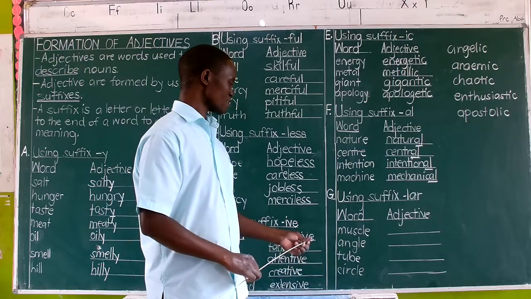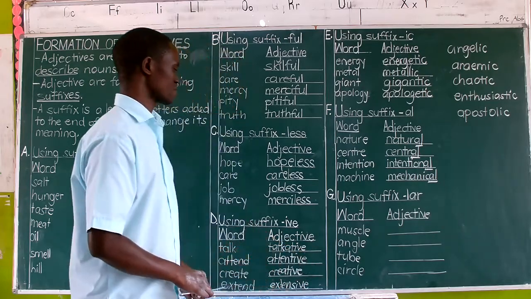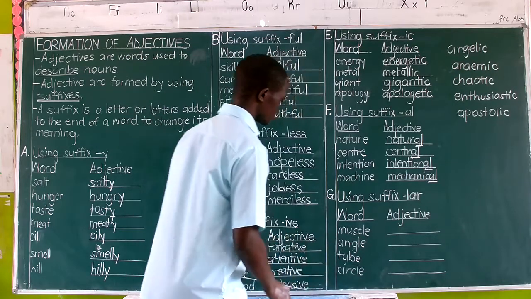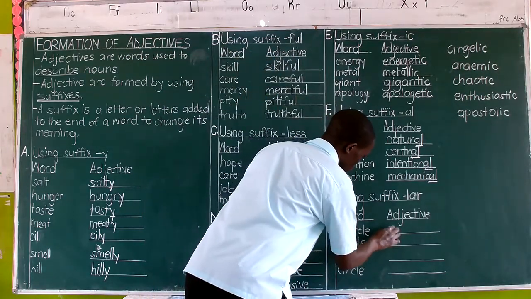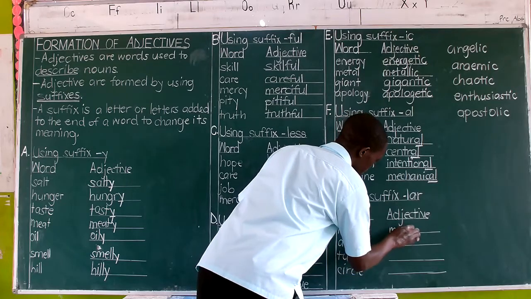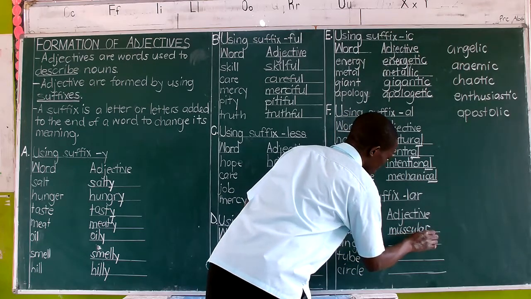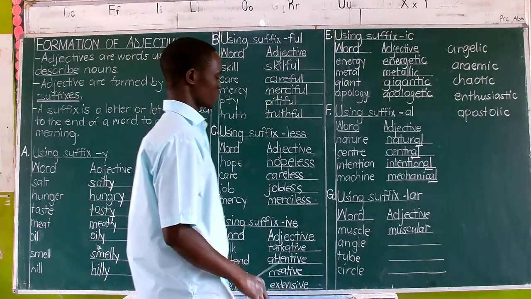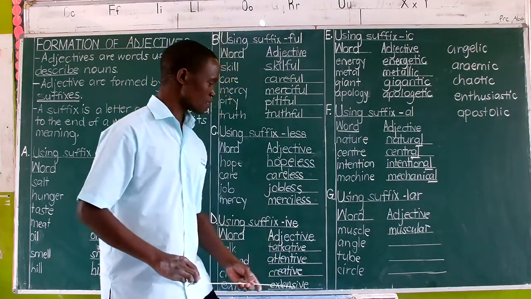These are normally formed from common shapes. Here, we have muscle, which changes to muscular. A muscular man has a lot of muscles. You know the boxers are common in that area.